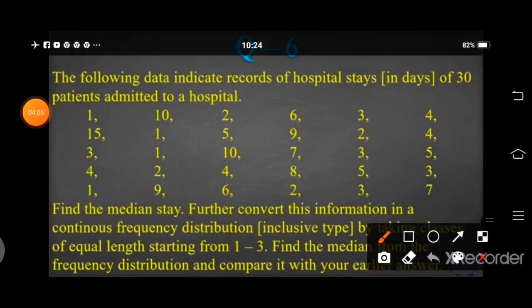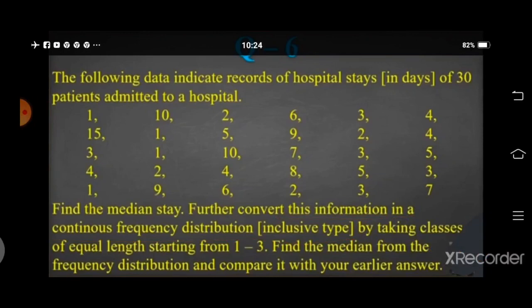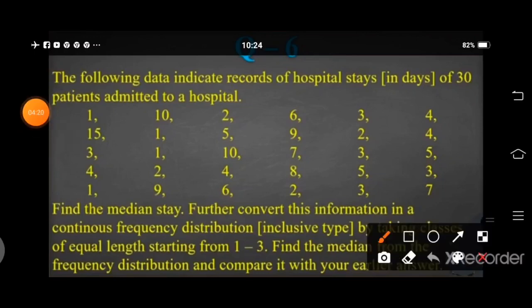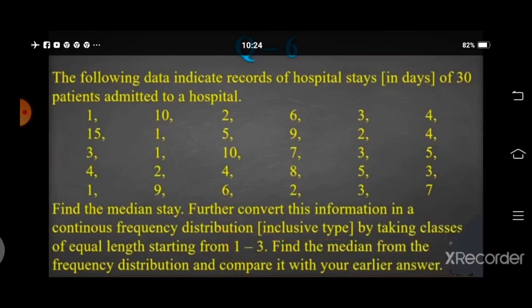Further, convert this information into a continuous frequency distribution, inclusive type, by taking classes of equal length starting from 1 to 3. On this we have to prepare the continuous frequency distribution, an inclusive type of frequency distribution. From the frequency distribution given here, compare it with your earlier answer.